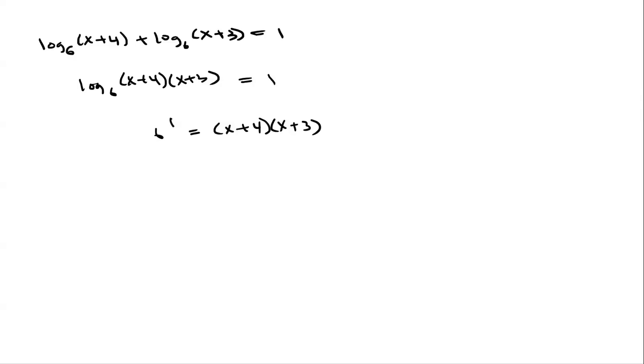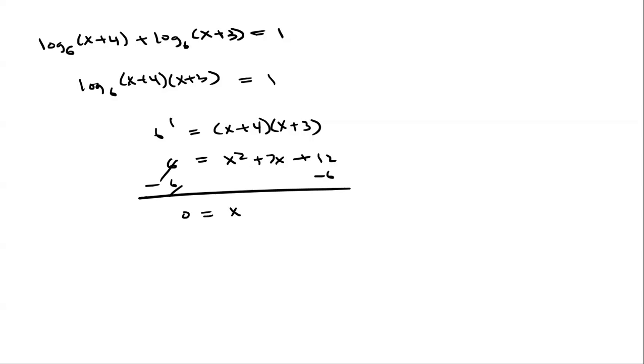When we multiply this out, we will get x squared plus 7x plus 12, and 6 to the 1 is just 6. And then we're going to subtract 6 on both sides. So that gives us 0 equals x squared plus 7x plus 6. And then we factor.